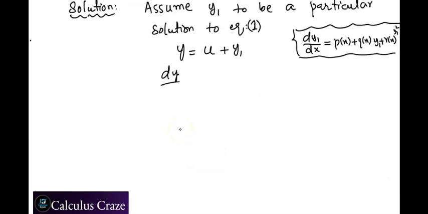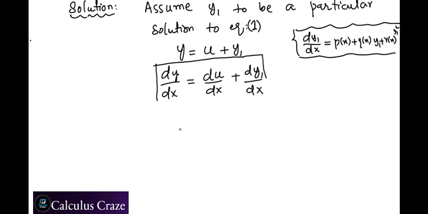The derivative of y with respect to x is equal to the derivative of u with respect to x plus the derivative of y1 with respect to x. So we can change equation 1 into u by using these transformations. Now equation 1 will imply this.